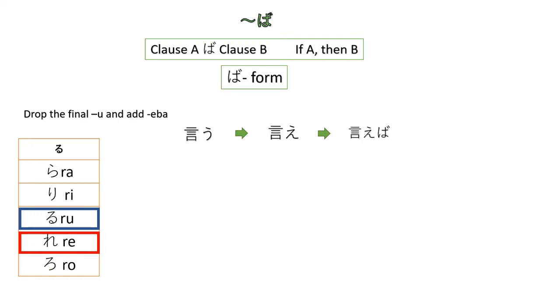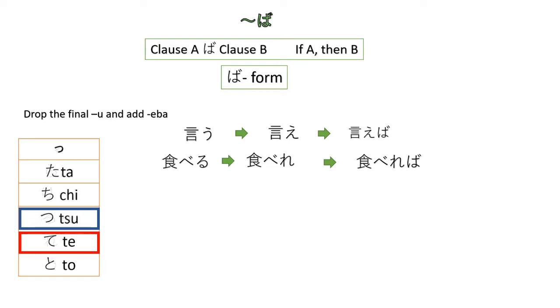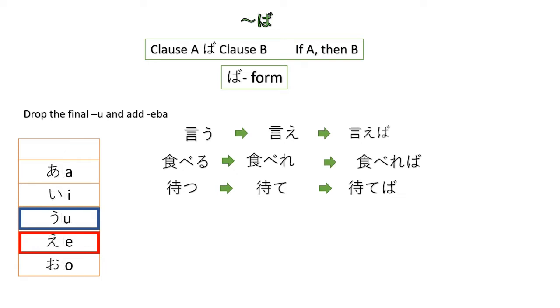Same with verbs ending in ru. For example, taberu, tabere, and then ba: tabereba. Okay, so we do the same with the other kinds of verbs. Verbs ending in tsu, matsu, mate, ba, mateba. Verbs ending in u again, like kau, kae, kaeba.